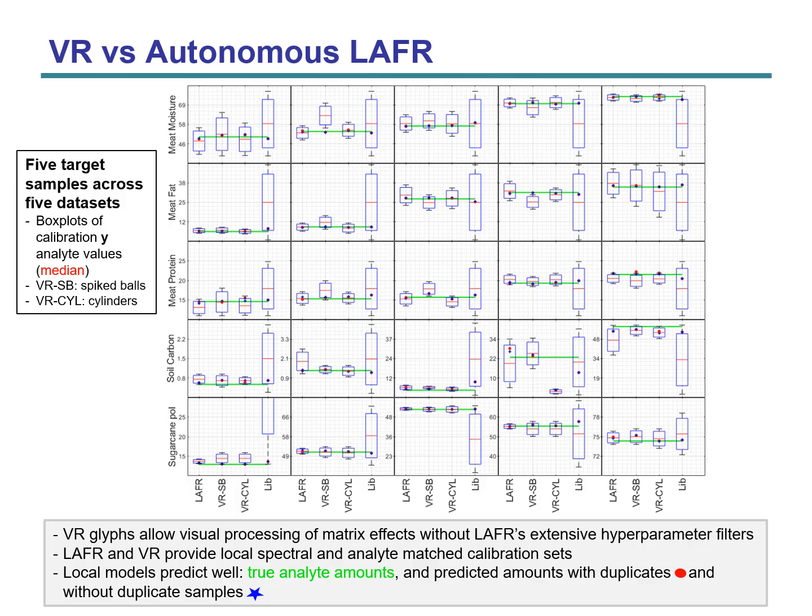You just go by how it looks and you narrow it down, and we have our prediction. The VR, SB are the spiked balls, and then these is done with the cylinders.